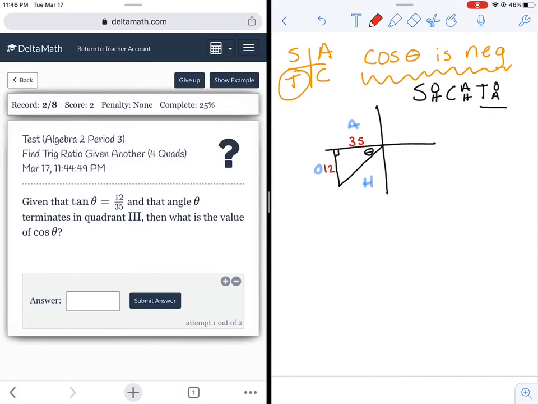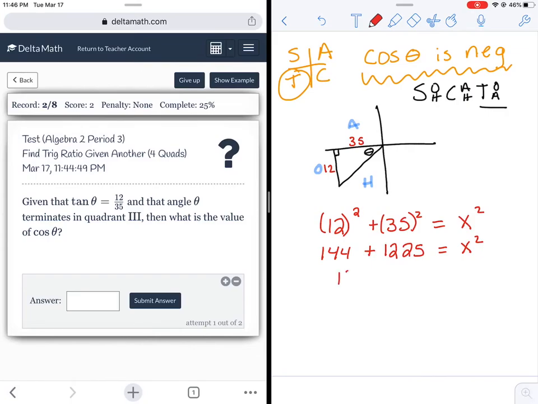I want to find my hypotenuse, so let's do 12 squared plus 35 squared equals x squared. Let's actually square all of these numbers, so I get 144 plus 35 squared is 1225 equals x squared. Let's add these.